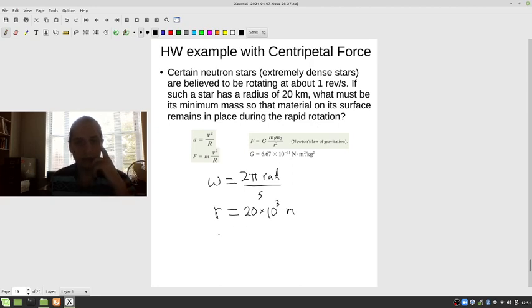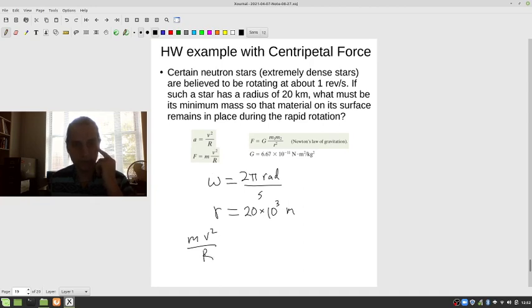Okay, well, we know that the centripetal acceleration has this form. And so it must be a case where the centripetal force has to be at least equal to the gravitational force, or else it'll start flying off. So we could have a test mass on the surface there, m v squared over r, where r would be the radius of the planet.